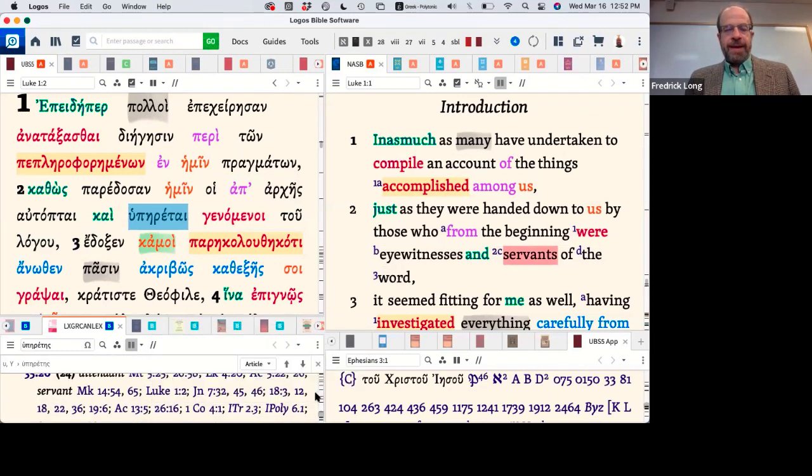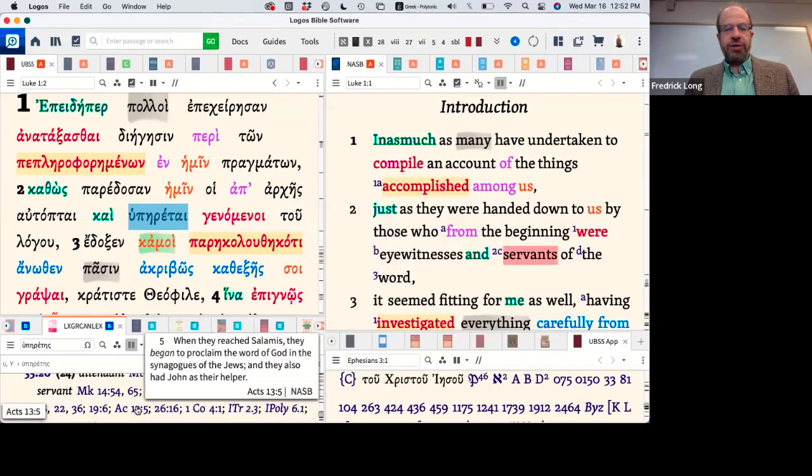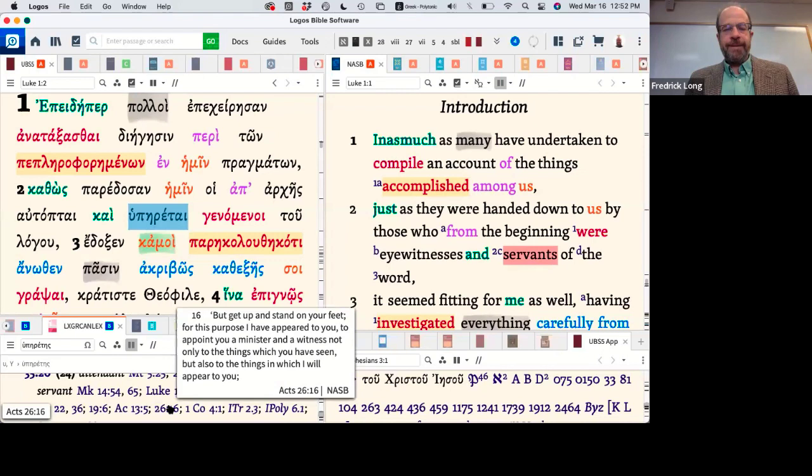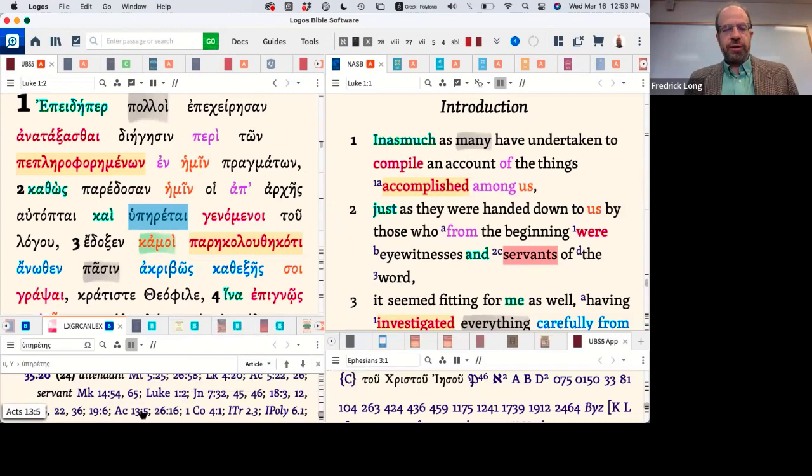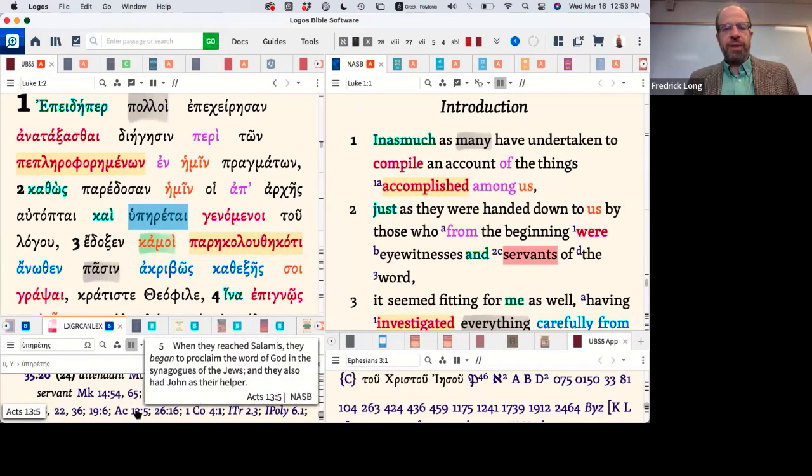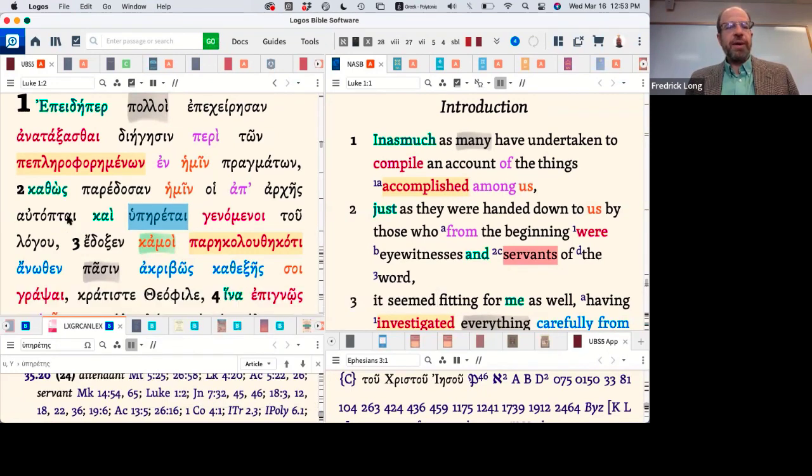In Acts, John is the helper. I think this is Paul probably speaking here, Acts 26. So it's interesting to track in Luke how these words are used. I think other people beyond the original eyewitnesses. And then because you look up eyewitnesses.